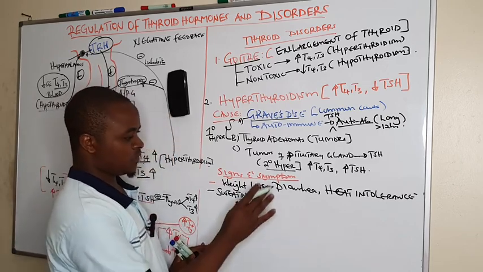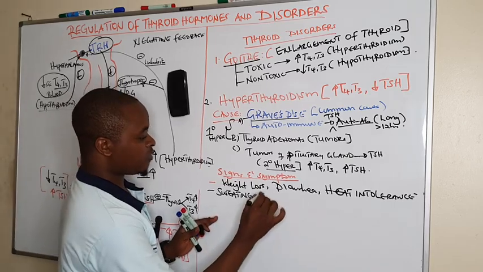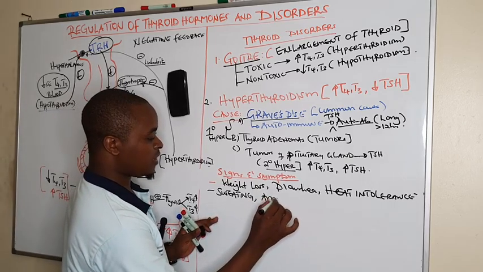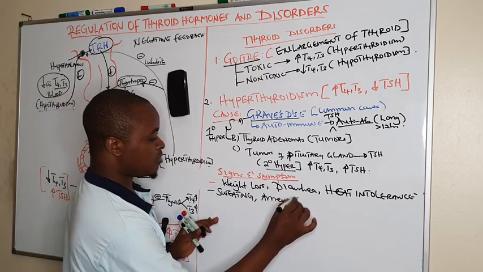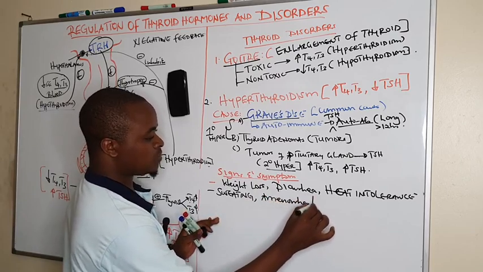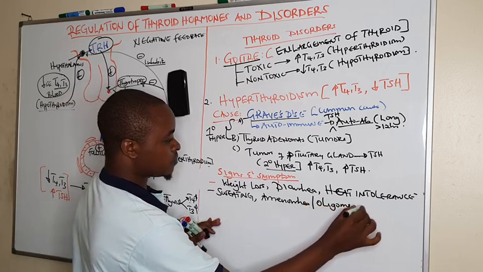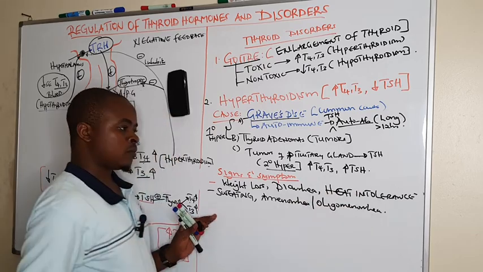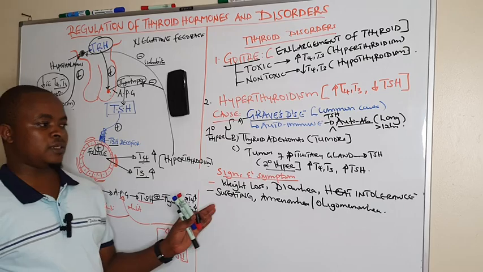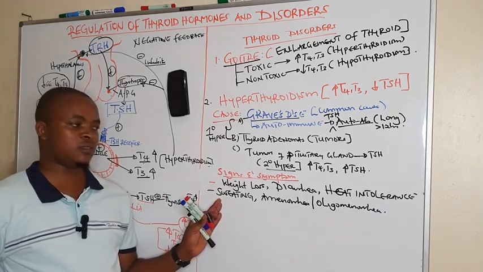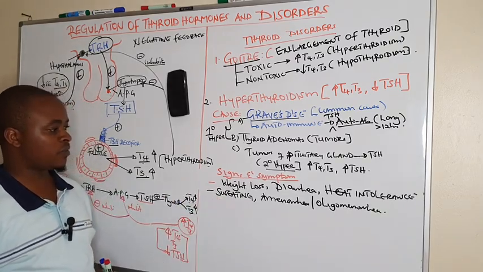Apart from this, they suffer from what we call amenorrhea if they are females. There is amenorrhea or sometimes oligomenorrhea. These are some of the signs and symptoms of hyperthyroidism.